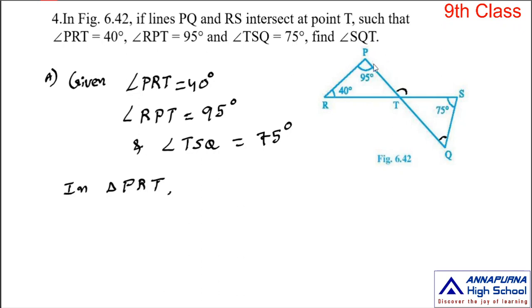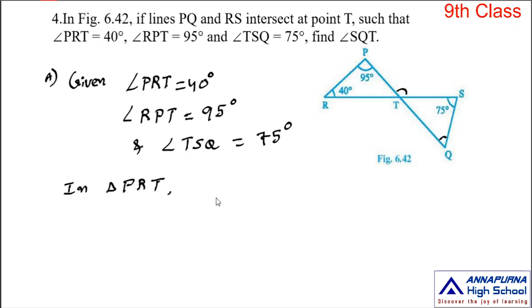First, using the triangle PRT, by using the exterior angle property, one exterior angle PTS is equal to the sum of the two opposite interior angles. This is one interior angle, this is another interior angle, and these are opposite angles.